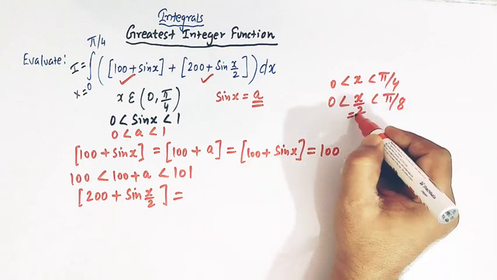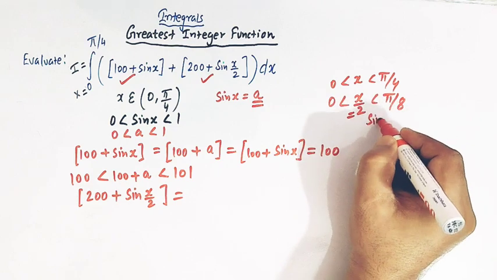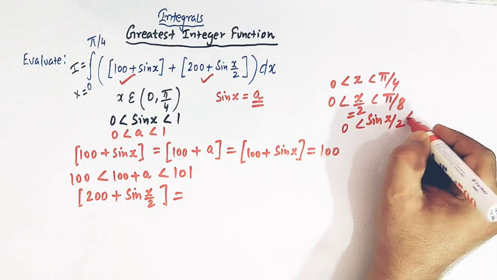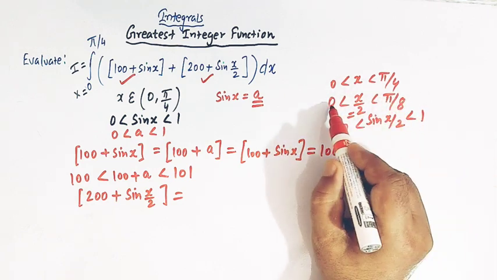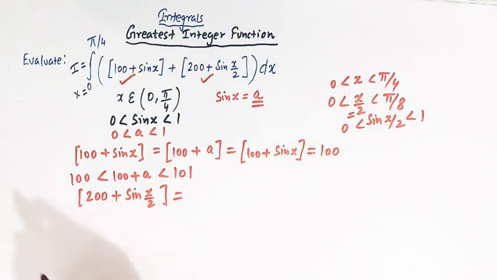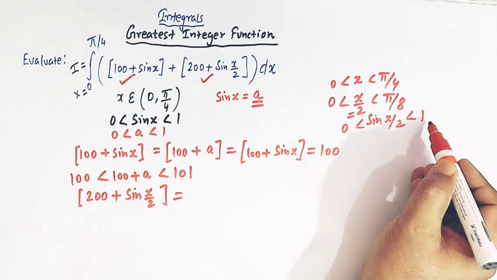So when x over 2 goes from 0 to pi by 8, then obviously sine x over 2 lies between 0 and 1, because 0 to pi by 8 is still in the first quadrant.